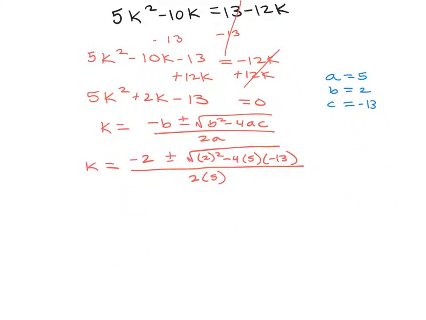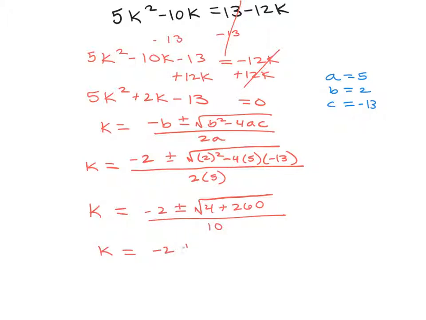So next we just have to simplify very carefully, and this is why I'm not the biggest fan of the quadratic formula. I think the other methods are better if you can use them, because simplifying is a place where many students make mistakes. So I get 4, the negative times the negative gives me a positive, plus 260, all divided by 10.